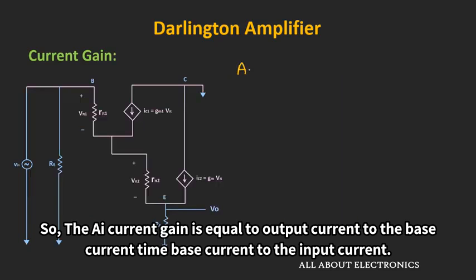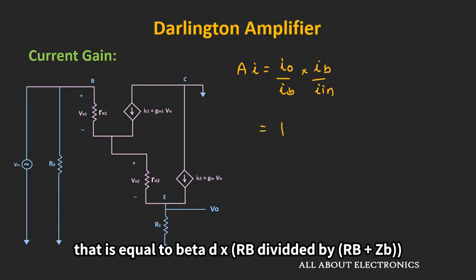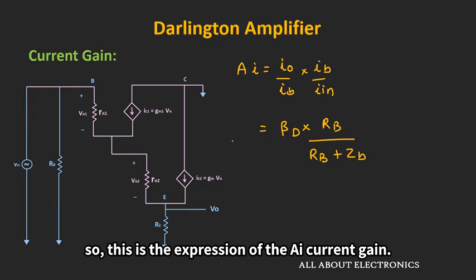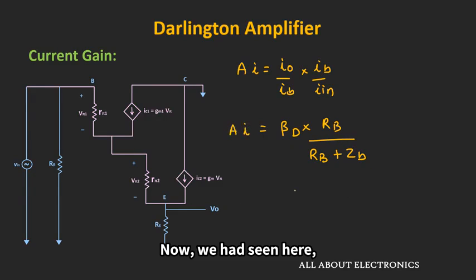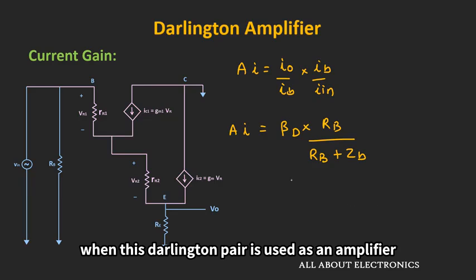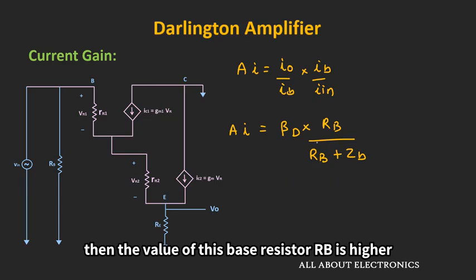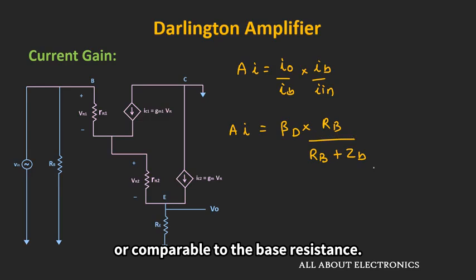So the overall current gain is equal to output current to the base current times base current to the input current. That is equal to beta D times RB divided by (RB plus ZB). So this is the expression of the overall current gain. Now as I said earlier, when this Darlington pair is used as an amplifier, then the value of this base resistor RB is higher or comparable to the base resistance.